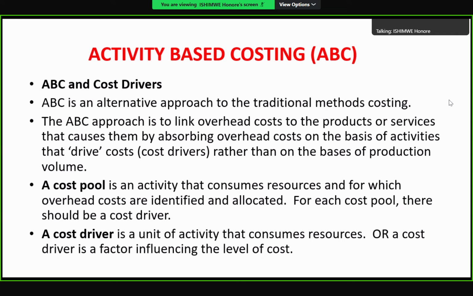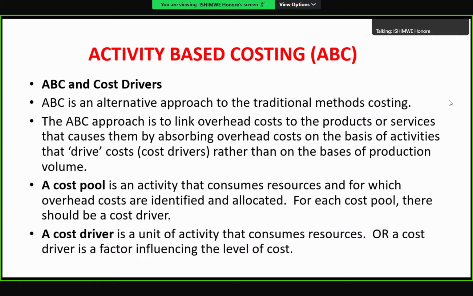A cost pool is an activity that consumes a resource and for which overhead costs are identified and allocated. What does it mean? It means an activity should have a cost. Let's say there is an action in a company. There is an activity that happened.